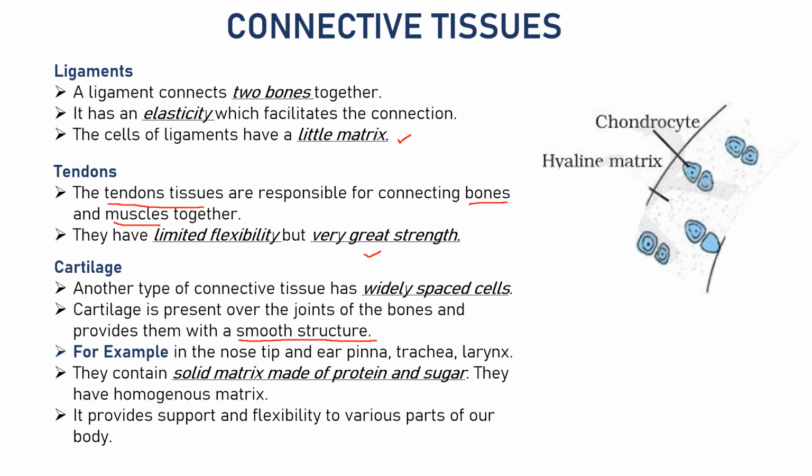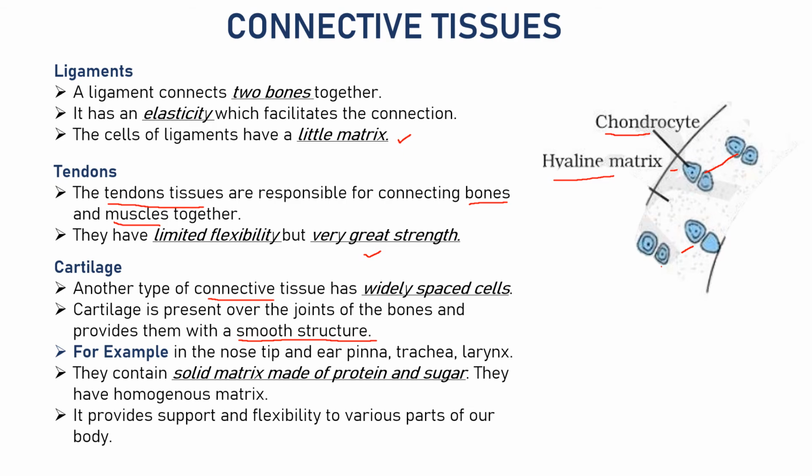Then in cartilages, the connective tissue has widely spaced cells. Here you can see the cells of cartilages are called chondrocytes, and you can see there is wide space between the chondrocytes. They're widely separated. Hyaline is a matrix of cartilage, right, students?